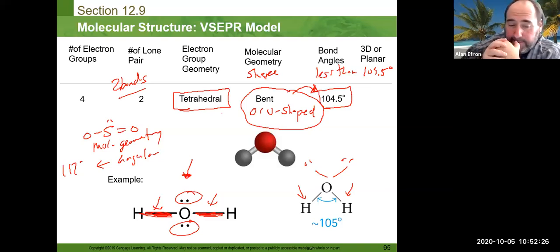And that's why most people go with angular for SO2, to distinguish that. It really is more of a trigonal planar sort of geometry at 120-ish, or less than that. While here, when we talk about bent or V-shaped, it really goes more with the tetrahedral arrangement, which is 109.5 or a little bit less than that. So again, I think angular is a better choice for the other one, and leave bent or V-shaped for something like water, which it commonly is.